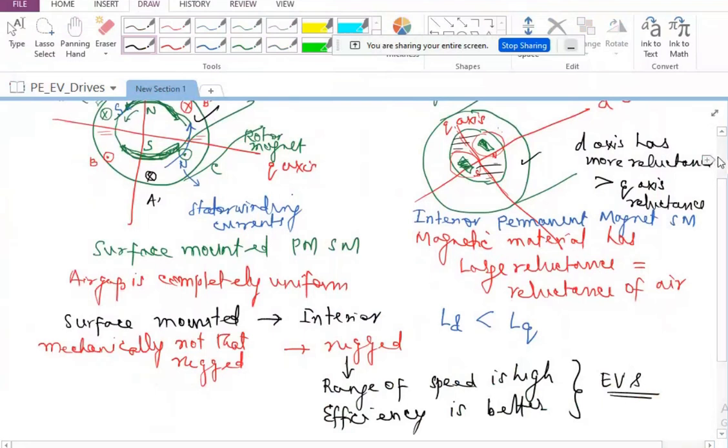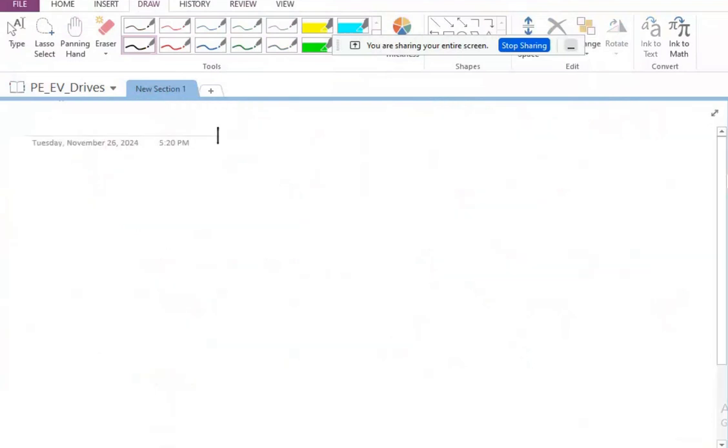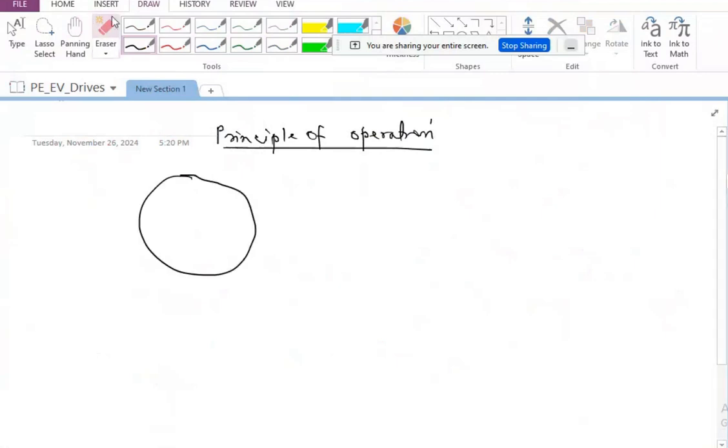Coming back to the principle of operation of the synchronous machine, let us say I have the stator here, and the three-phase windings sitting here are fed with three-phase time distributed currents. Let us say this is A dash, this is B, this is B dash, and this is C and C dash.